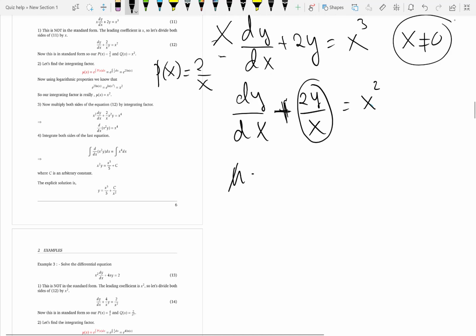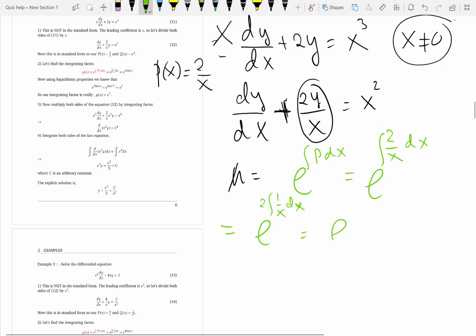The integrating factor is given by e to the integral of p in the exponent. So the integral of p is the integral of 2 over x, and let's take that 2 outside the integral because it's a constant, which makes our integration easy.